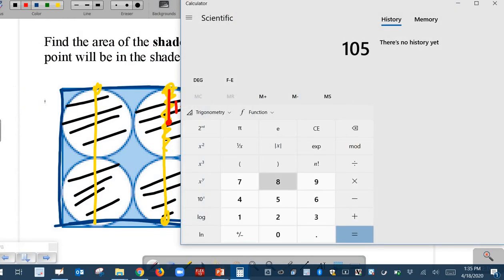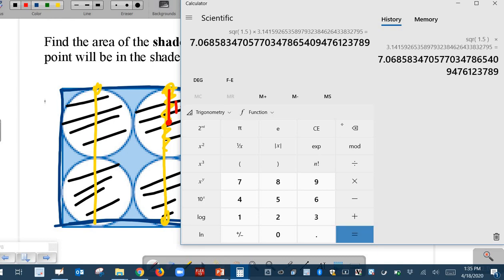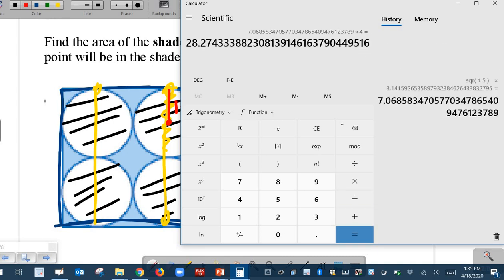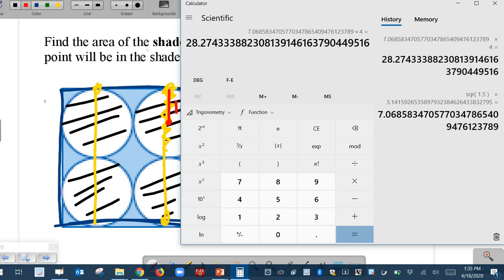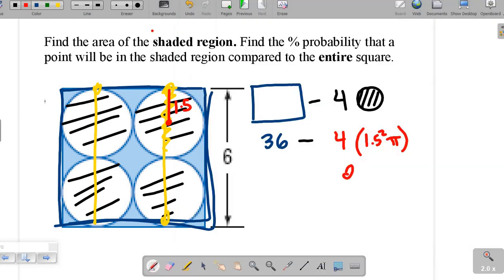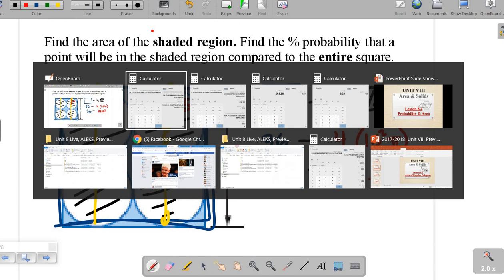So 1.5 squared times pi times 4. You would get 28.27. We subtract that from 36. Our goal is to get that shaded region.